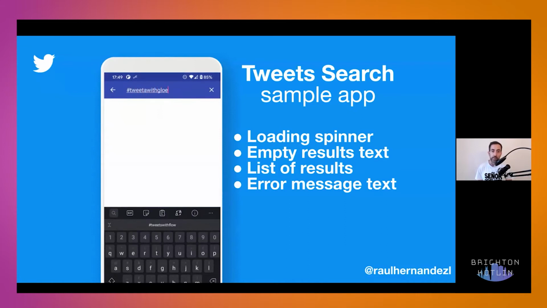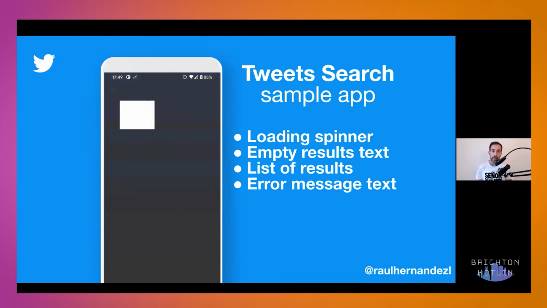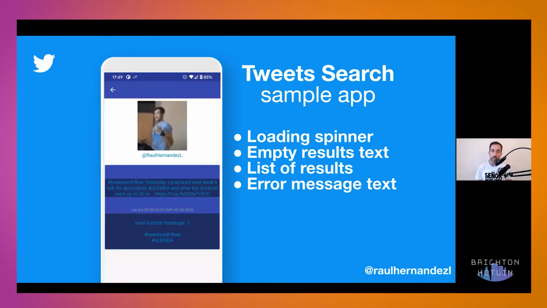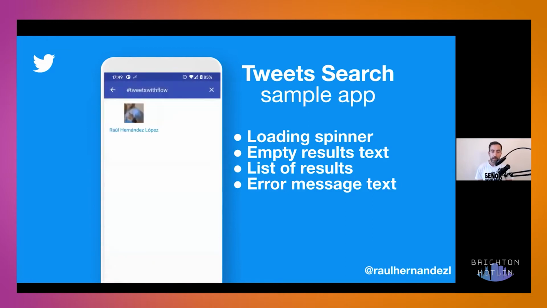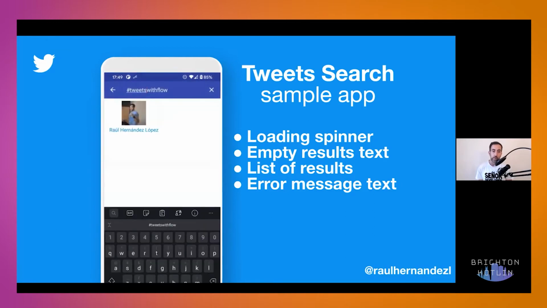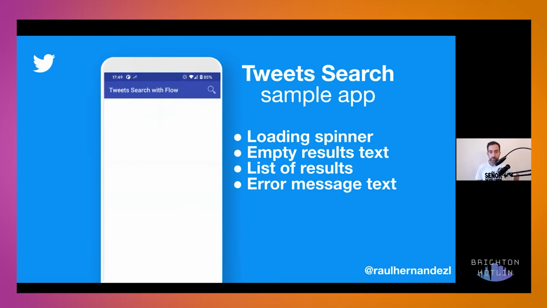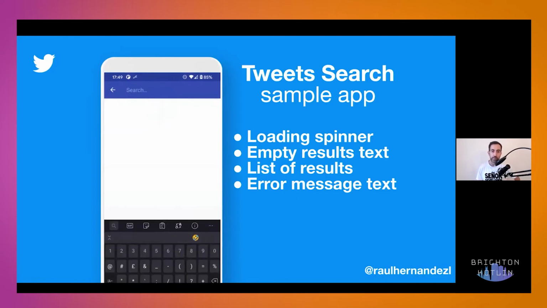Then first I fail after the spinner, so we have this empty results text saying nothing was found. And when it finally works fine, I have some results. Then we can see the detail of a particular item. And if there is any error, we can render this to the user. So that's the basic use case.